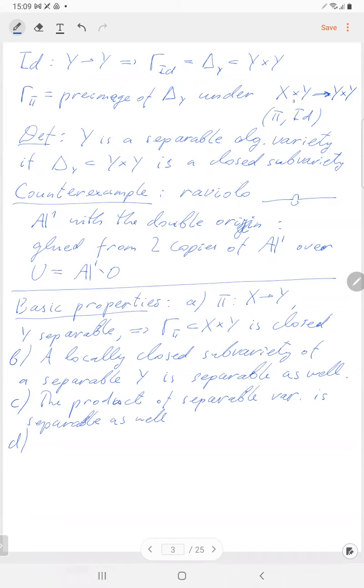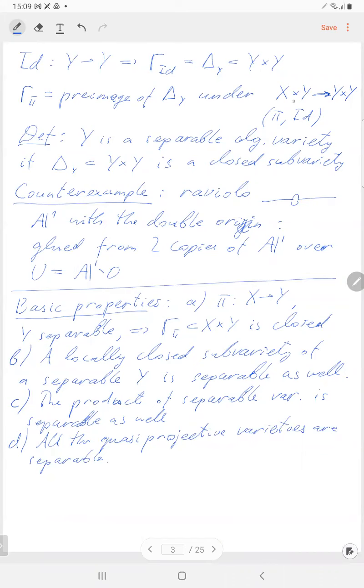And finally, all the quasi-projective varieties are separable. So you see that once again, the class of separable varieties is very wide and contains everything we encountered so far and essentially everything we will ever encounter.